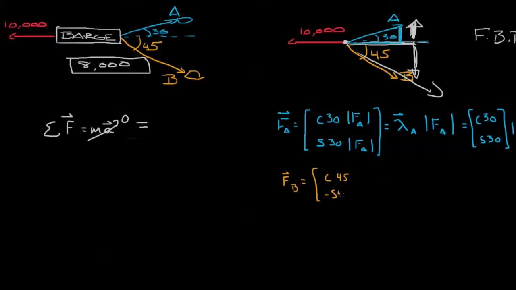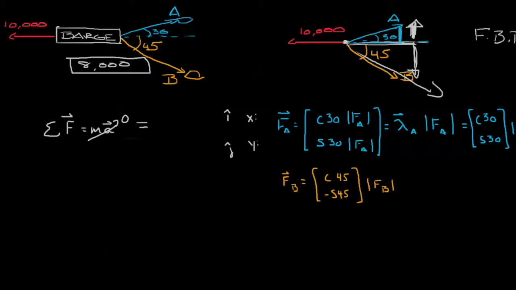It's in the negative Y direction, so we have negative sine of 45 times force B. Remember, in the top row we always put our X components, and in the bottom row we put our Y components. Or, another way to say it is I and J. We can use both of those. I and J is probably more appropriate over here.